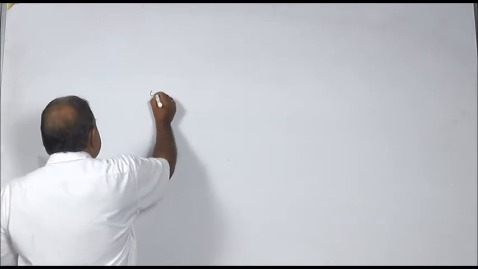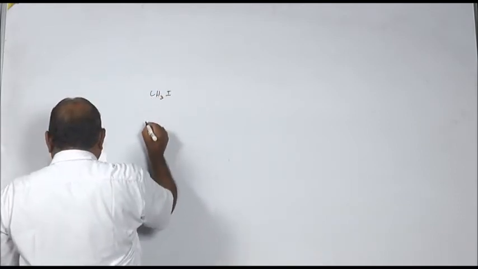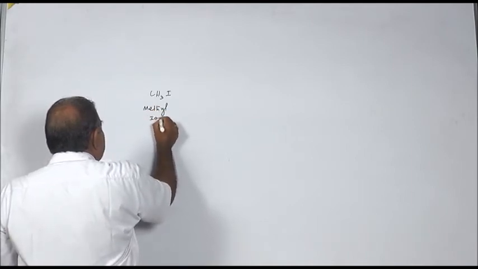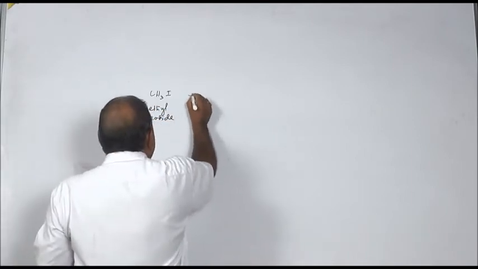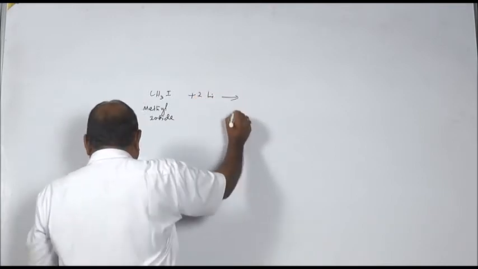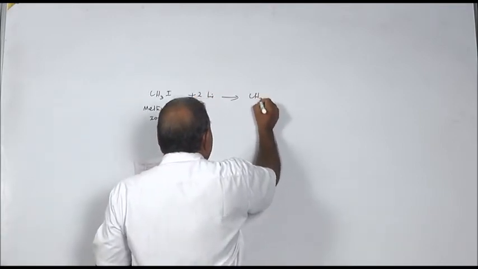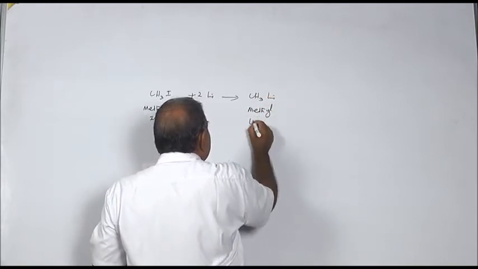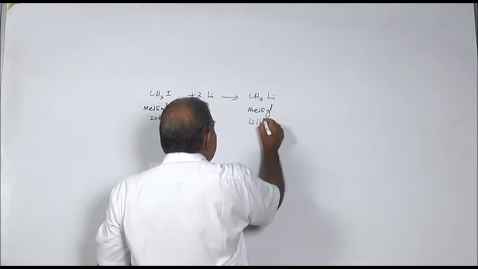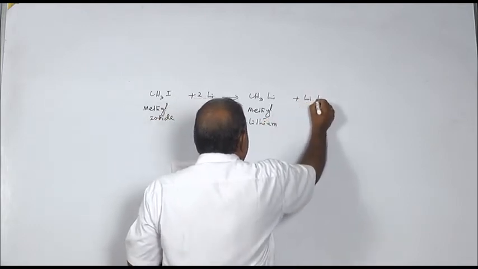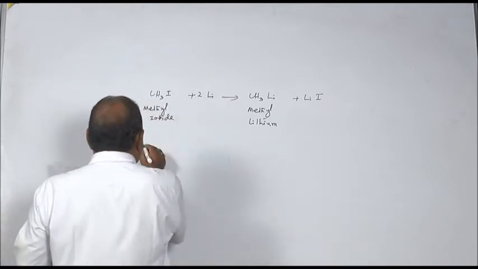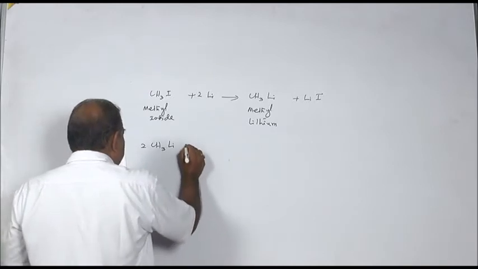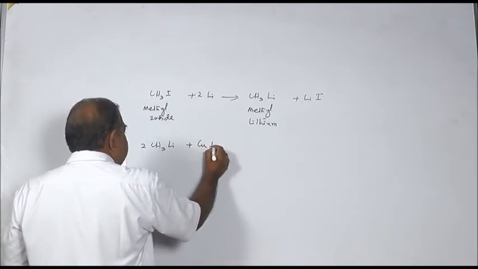I am explaining with an example. If we take methyl iodide, when treated with lithium it forms methyl lithium, that is alkyl lithium, and lithium iodide. Now this methyl lithium reacts with cuprous iodide.